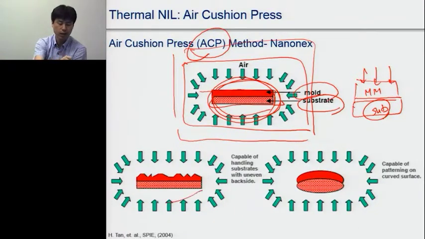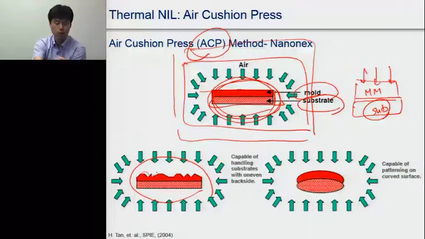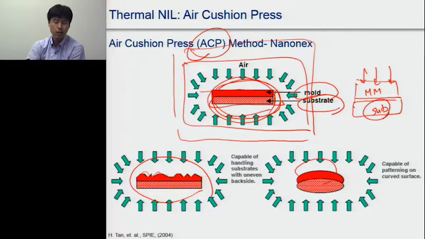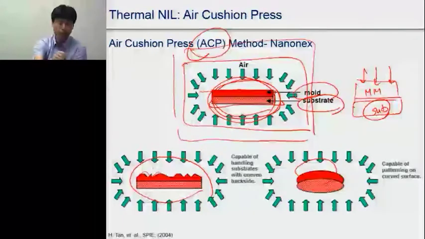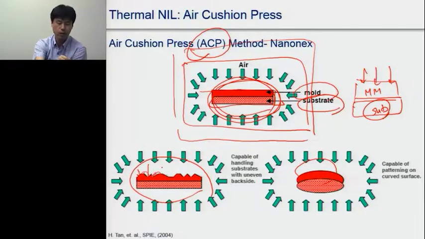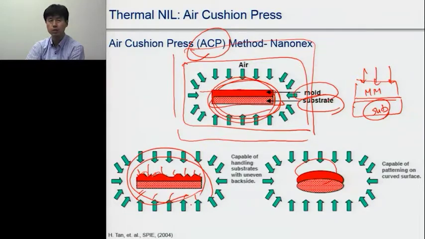No matter whether the surface of the master mold is rough or round, when we apply the pressure to the chamber, everywhere will have even pressure, so it does not have that kind of uneven pressure application. In a sense, this way is much more preferable.